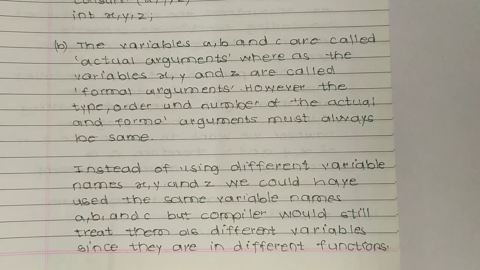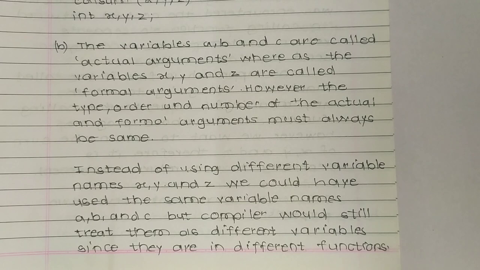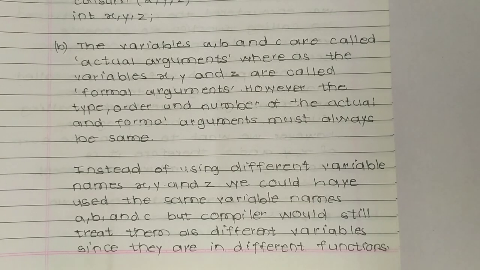No matter what we call them, the compiler is going to treat them as different, so why not call them x, y and z?